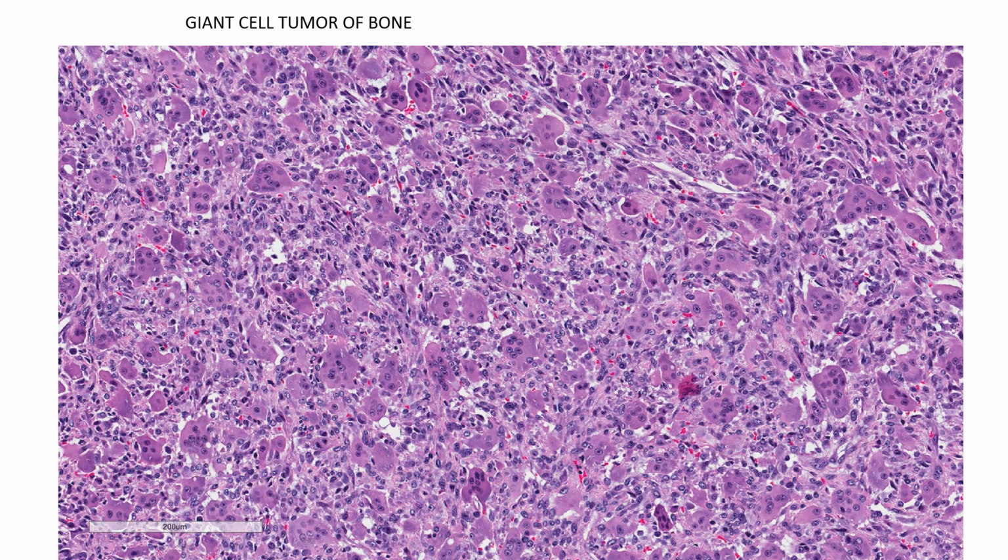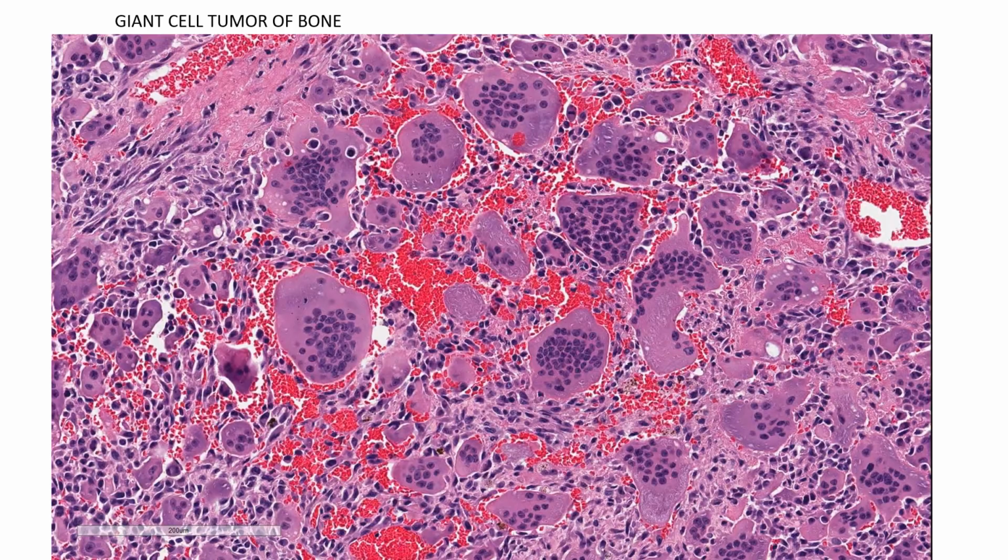This is a low-power view of an H&E slide of giant cell tumor, which shows multiple osteoclast-like giant cells intermixing with spindle mononuclear neoplastic cells. The higher power view shows predominant giant cells with multiple nuclei, and between them spindle mononuclear neoplastic cells and hemorrhagic areas.